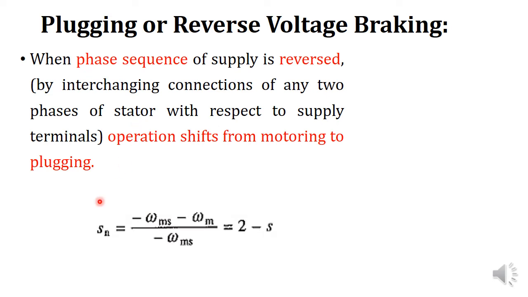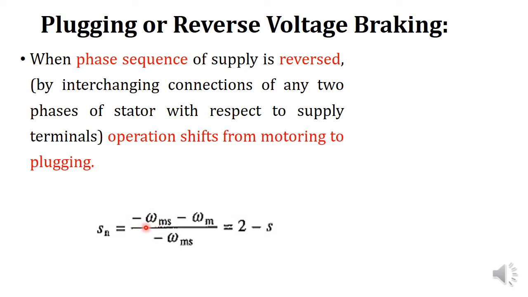Let's see how the plugging happens. During plugging, since the phase sequence is reversed, the direction of the rotating magnetic field also reverses. So if the direction of the rotating magnetic field reverses, the value of omega ms becomes minus omega ms, because omega ms is the speed of the rotating magnetic field.